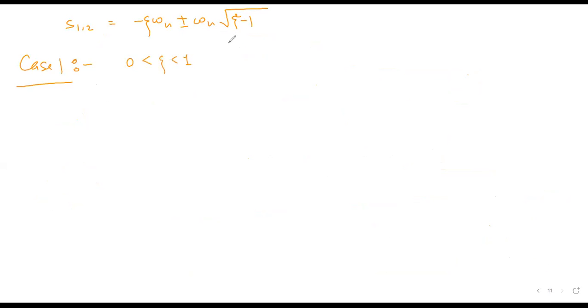When you put it here, omega n under root zeta square minus 1, that is 0.5 whole square minus 1, you will get a negative value. And negative under root is j.